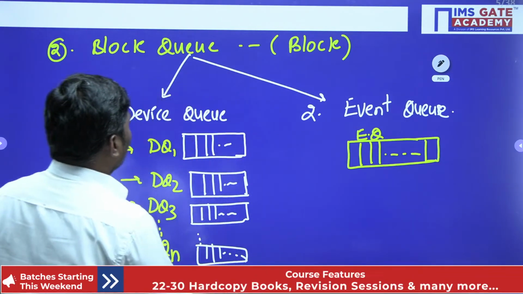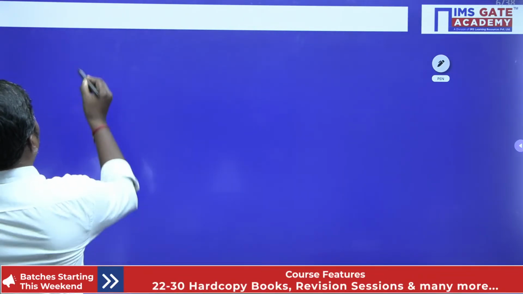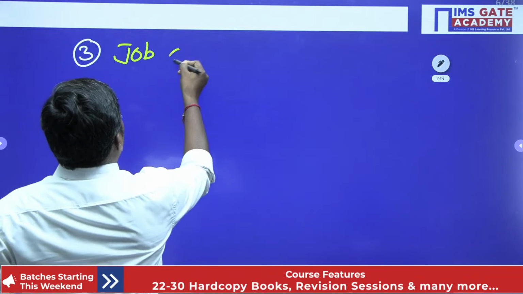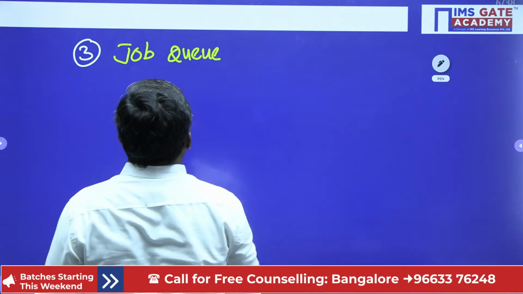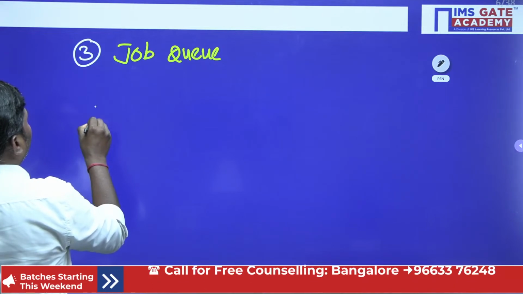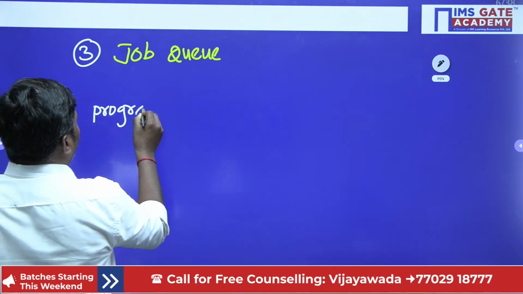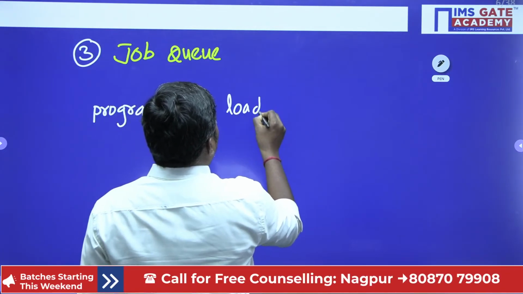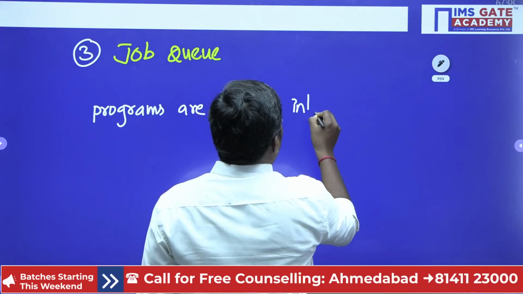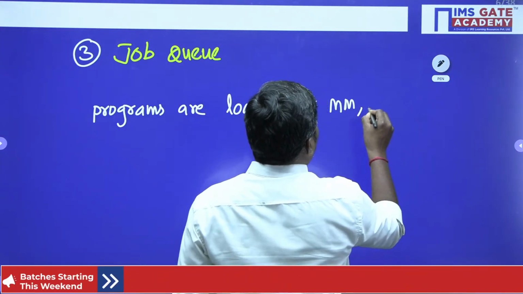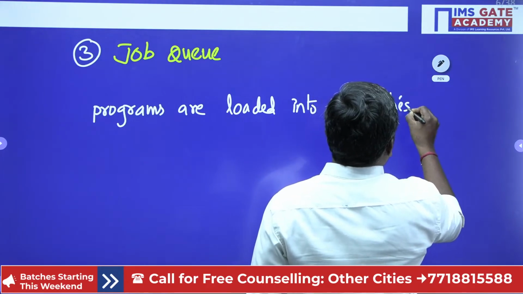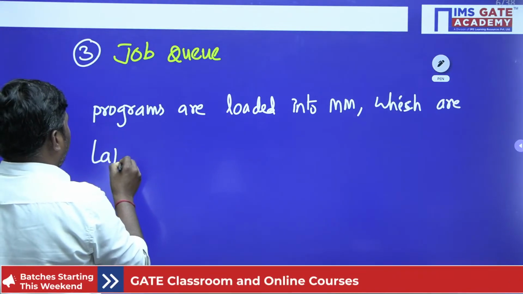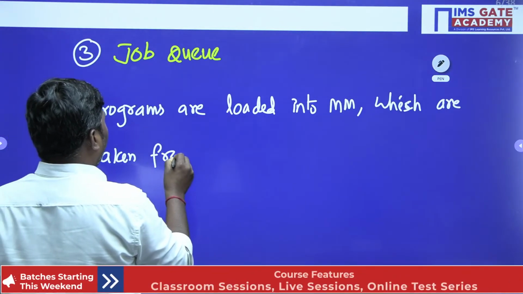Now the third one. What is the third one I said? Job queue. The job queue is in secondary memory. Jobs are nothing but programs, and programs are loaded into main memory, taken from the job queue.